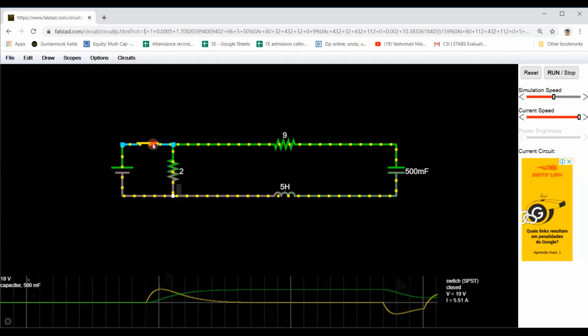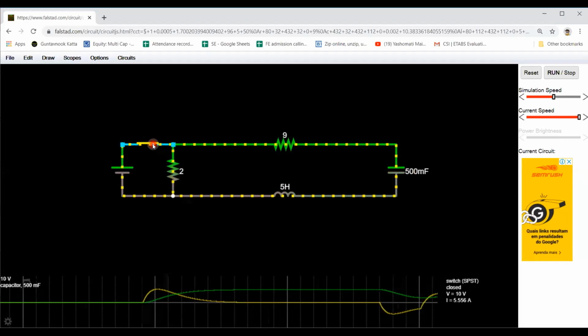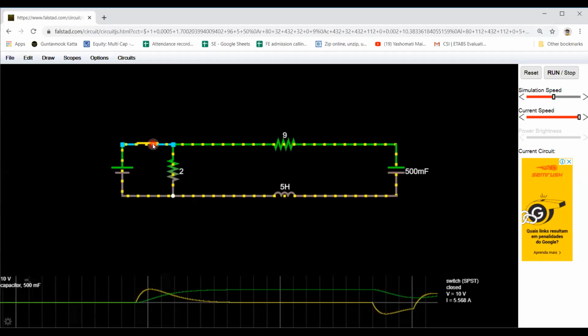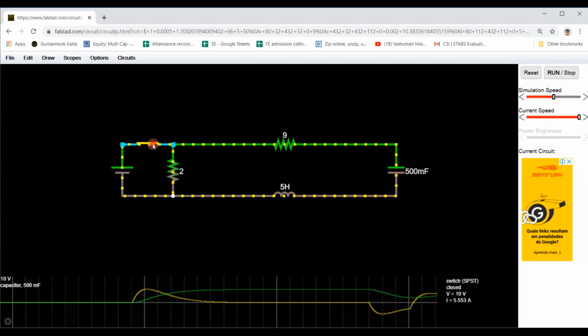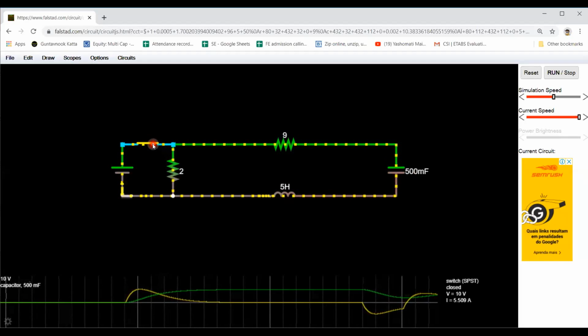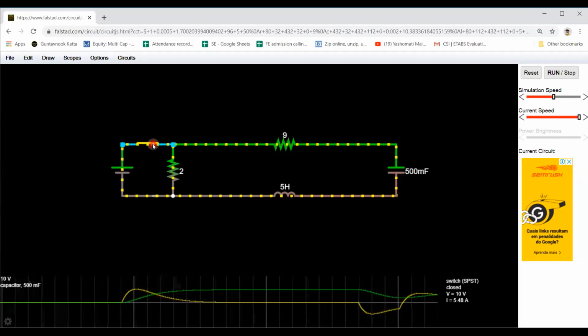The nature of response will be of an overdamped system. Overdamped system means it will take some more amount of time to reach its final value than that of the critically damped.